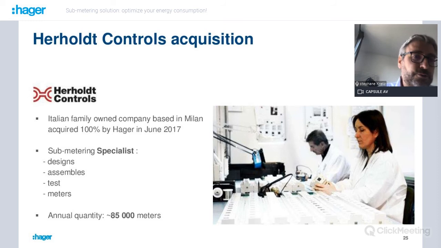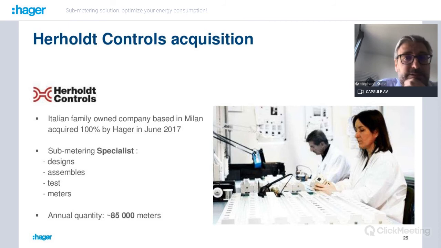On Hager side, we understood that it's important, because of what I said, to have a relevant meter solution range. And for this, we acquired a company called Herholdt Controls, based in Italy, and it's 100% acquired by Hager in June 2017. So it's a sub-metering specialist.